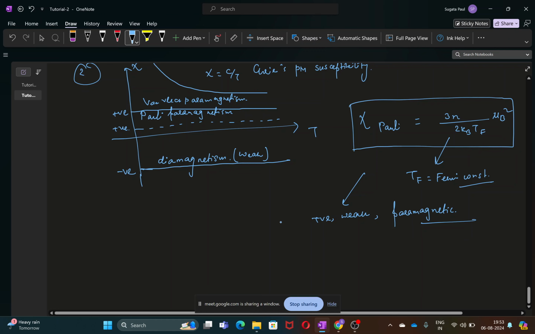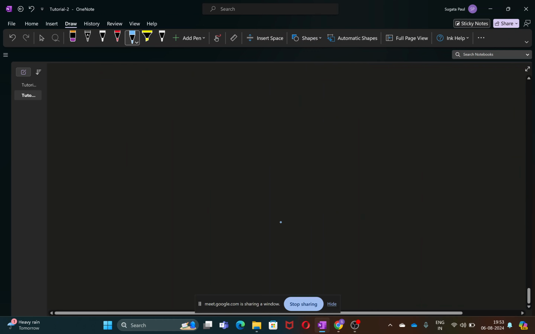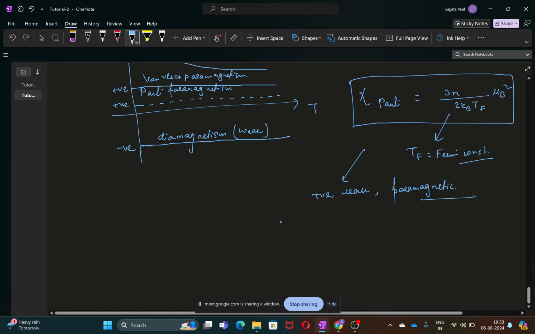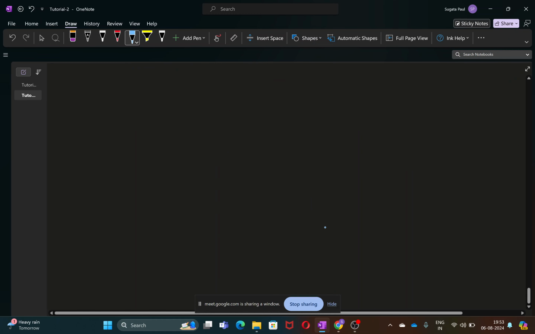So for Pauli paramagnetism also, we can solve this a little to show that it is temperature independent.